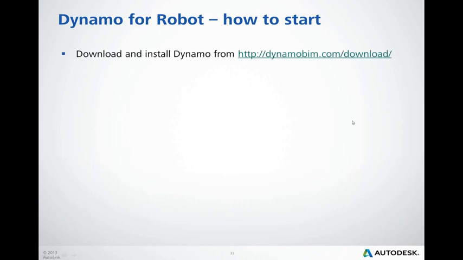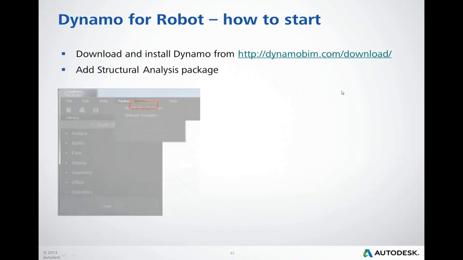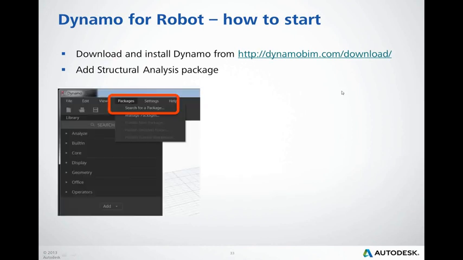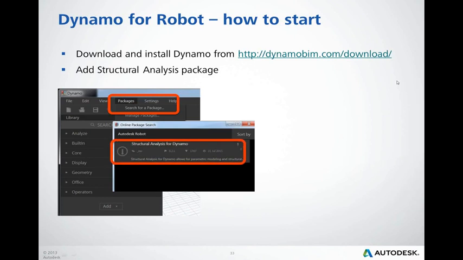So to install Dynamo, it's required to go under this link and download Dynamo. Then after starting Dynamo, the Robot Structural Analysis package must be found, downloaded, and installed.